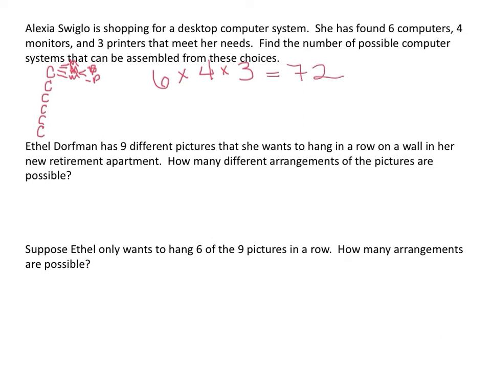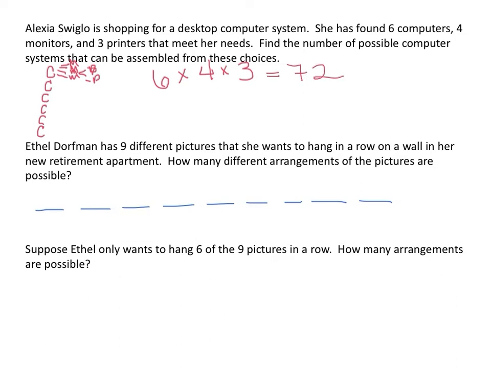So now we'll look at Mrs. Dorfman. She is moving into a retirement community, and she's got 9 different pictures, probably her grandchildren, that she wants to hang in a row on her wall. How many arrangements do we have? When you think of something like this, what I tend to do is draw out a space for each one. So there's my 9.